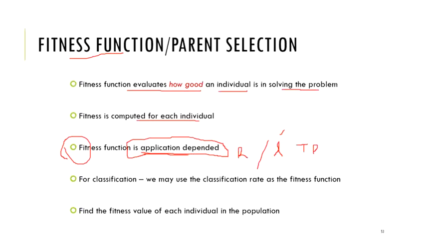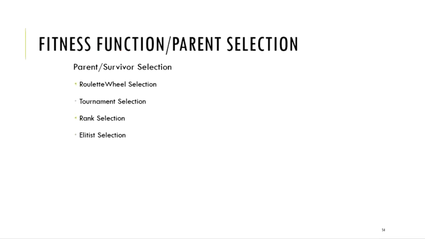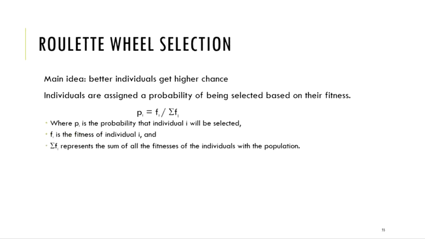For classification, we may use classification rate as fitness function. Parent selection is done by one of these four methods. We have roulette wheel selection, tournament selection, rank selection, and elite selection. In roulette wheel selection, we assign some probability to each of the individuals based on their fitness.